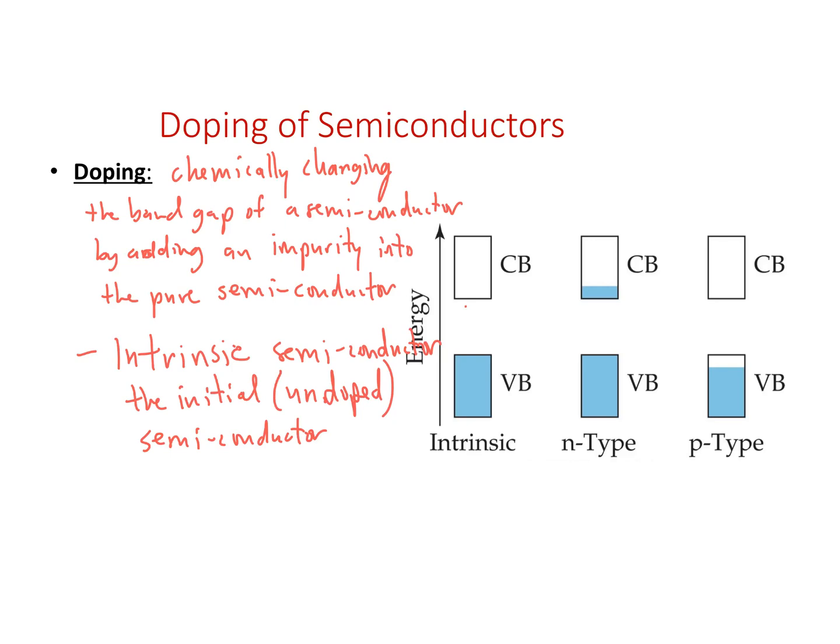We want to be able to change this energy, because changing that energy will change the properties of the semiconductor. We want to make it a larger energy, a smaller energy. That's going to change the properties of this material.